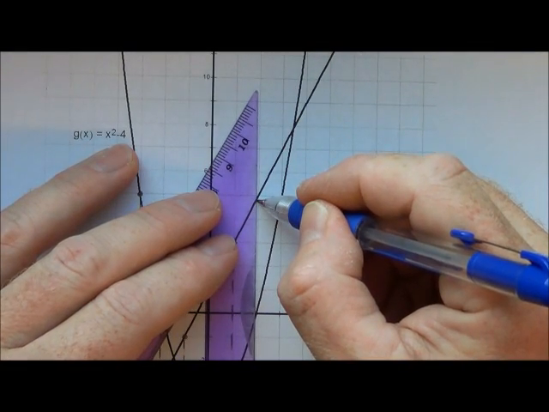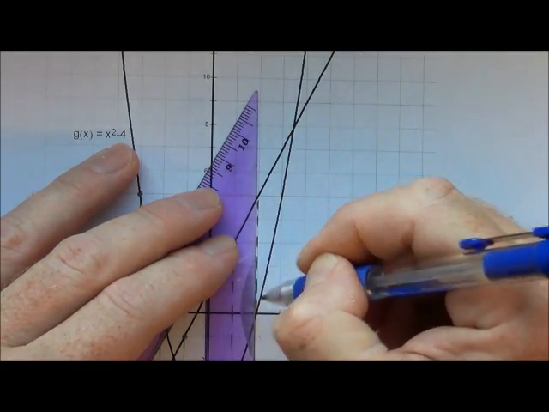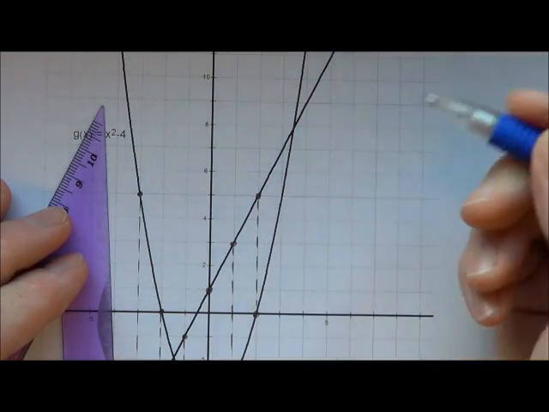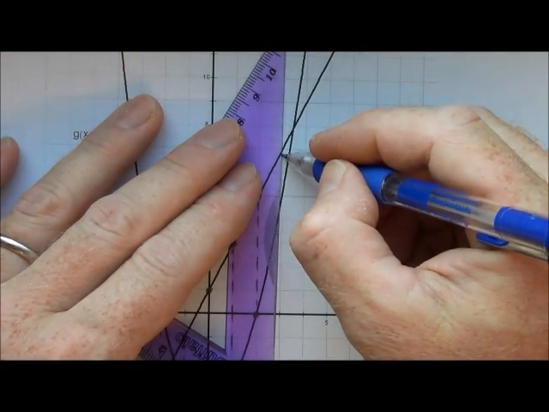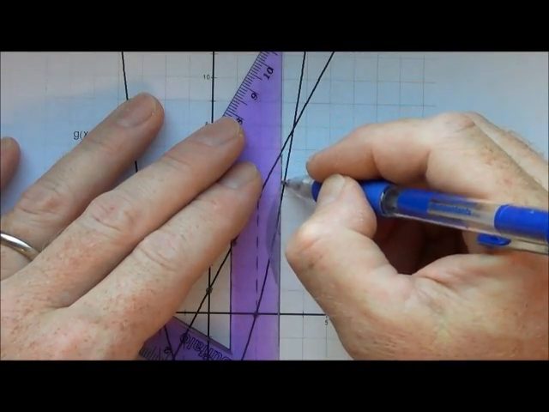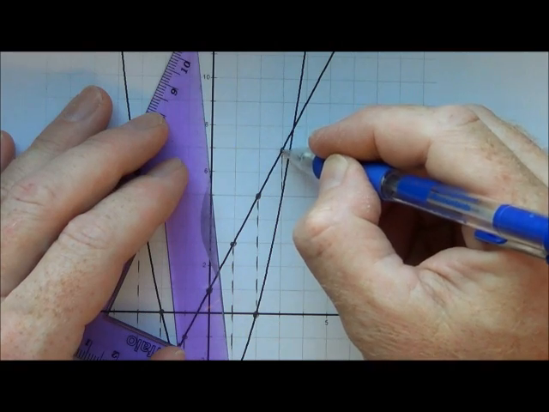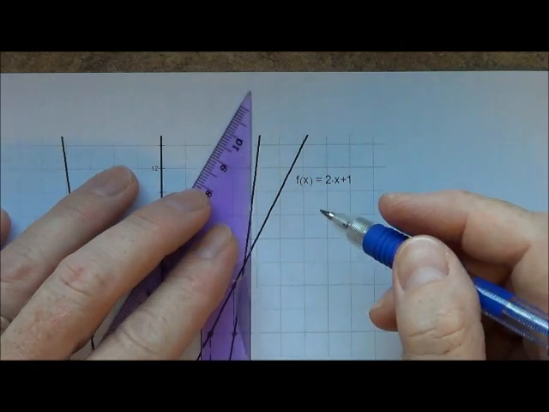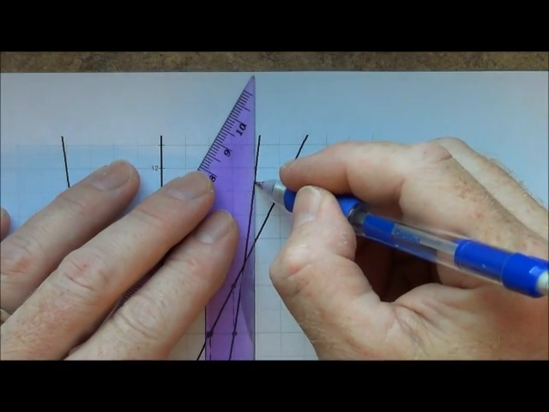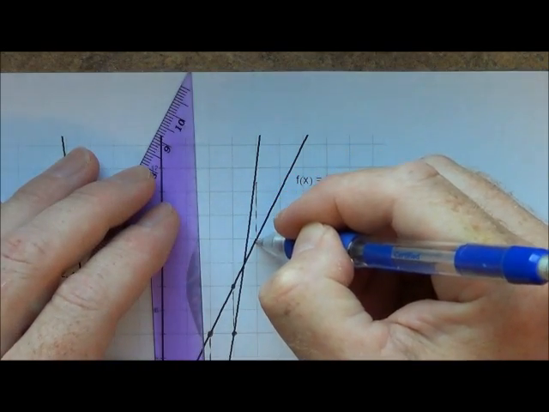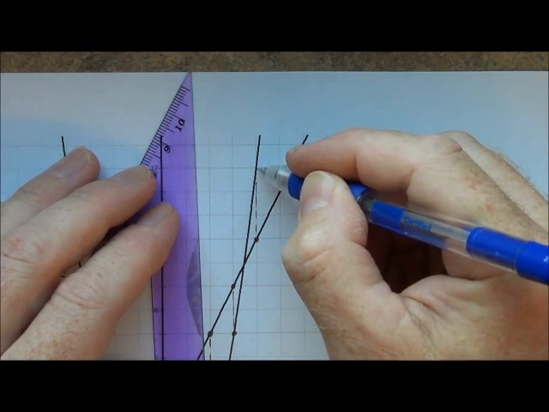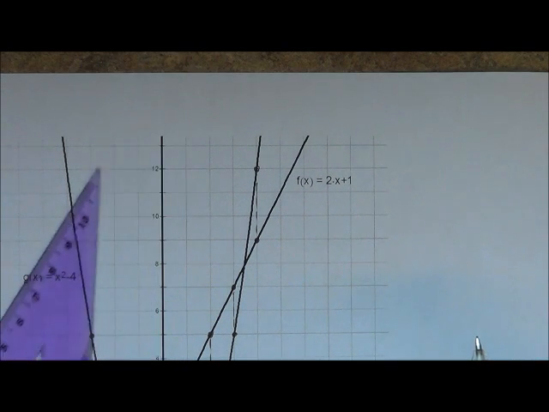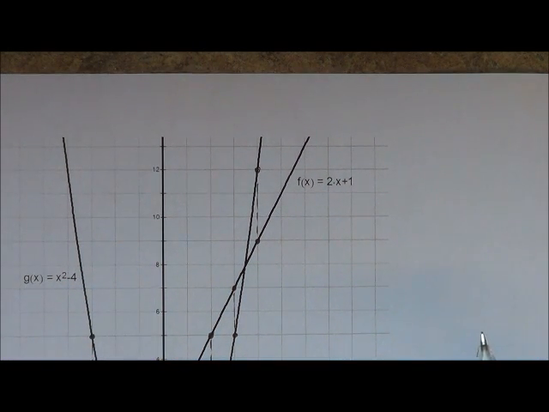Now, even though the official domain of these is x an element of all real numbers, we've only got a small snapshot here of these two functions right around the origin. So we can't really continue much more besides up to here. We can't add or subtract more y values than are actually shown on the graph.